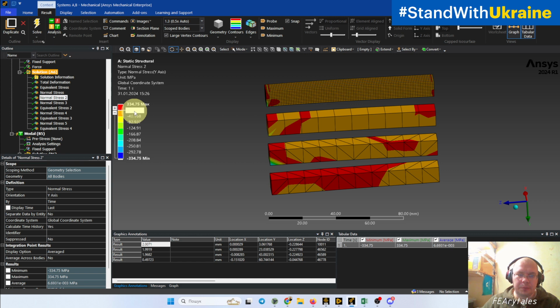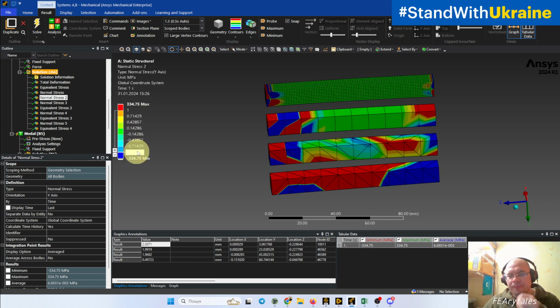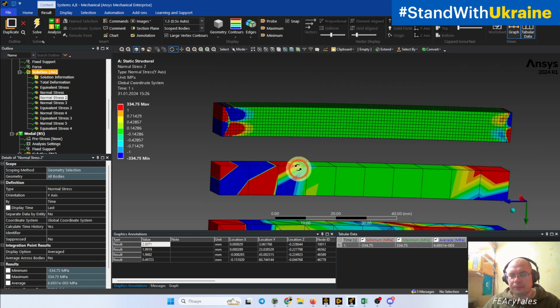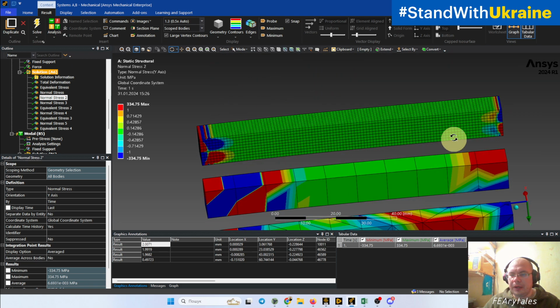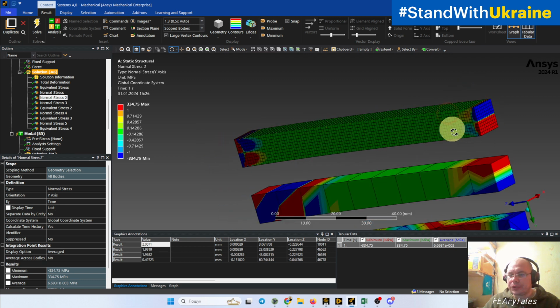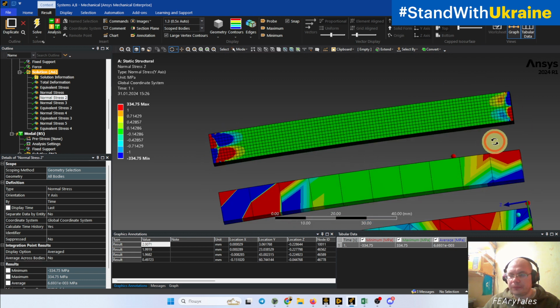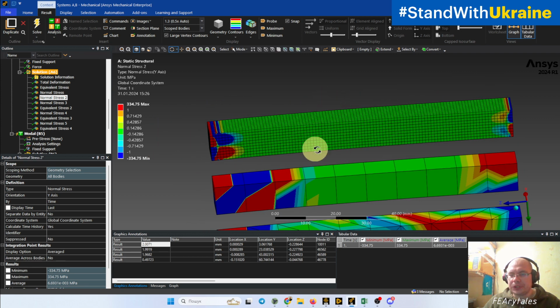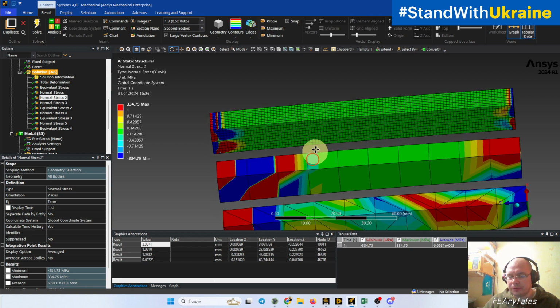Let's say 1 megapascal and minus 1 megapascal. And we can see that almost everywhere, outside of the places of applying forces and applying fixation, we have zero stress distribution in all directions.